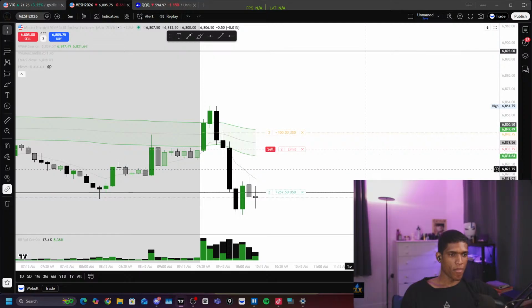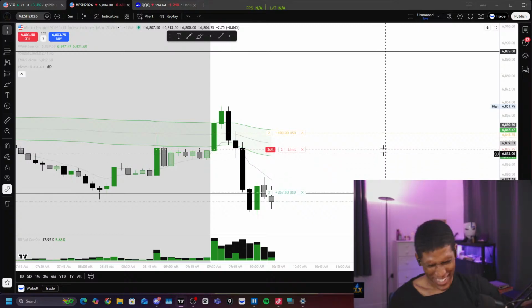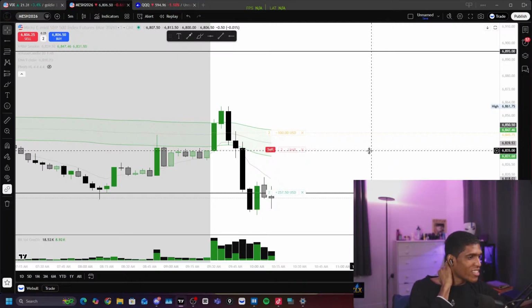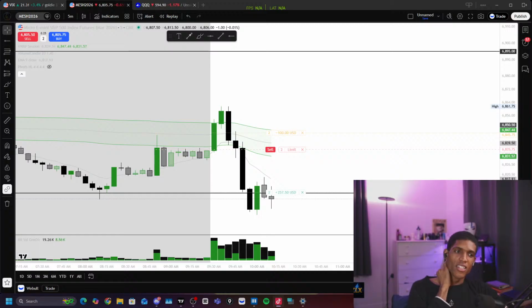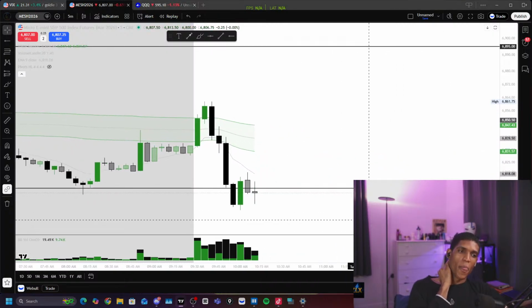It's tickling my damn draws, dude. I mean, we would have had Cloud +9, but I don't even know. I would have loved to see the previous candle close a tiny bit bullish, and then just wick that Cloud.